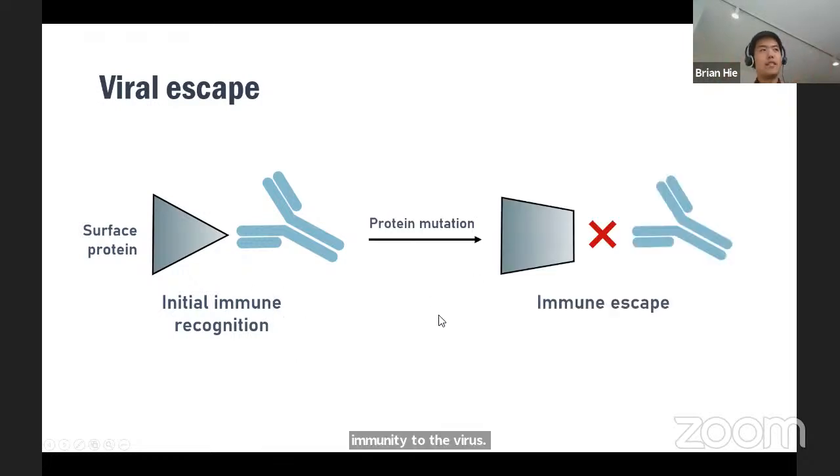But over many generations, viruses can mutate their surface proteins so that, say, this neutralizing antibody no longer binds, and then the viral particle is free to infect the host again. This is the problem of immune escape.